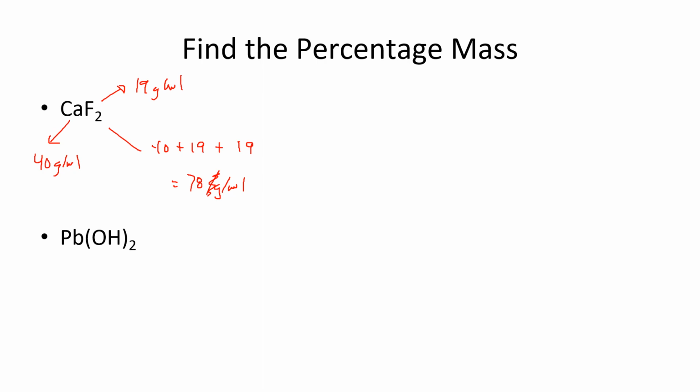Okay, so then if you want the percentage of calcium, you take the 40 grams per mole, that's the calcium, and you divide by the 78 grams per mole, which is the whole compound.